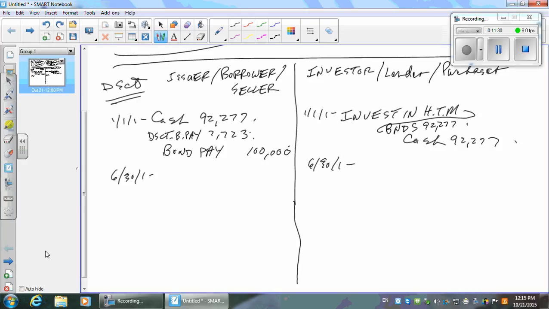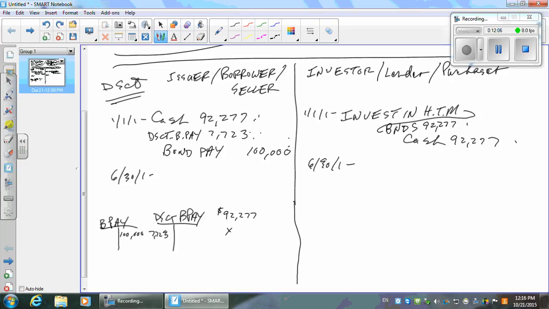What I've got here is bond payable with 100,000 in it, and discount on bonds payable with 7,723 in it. And what's the difference between those two? 92,277, right? That's just these numbers. 92,277 is the amount I have borrowed.